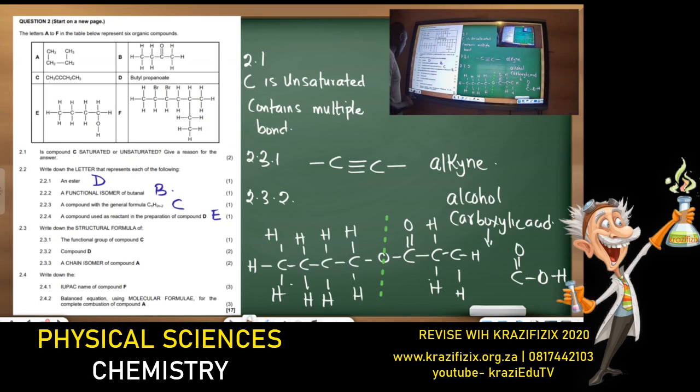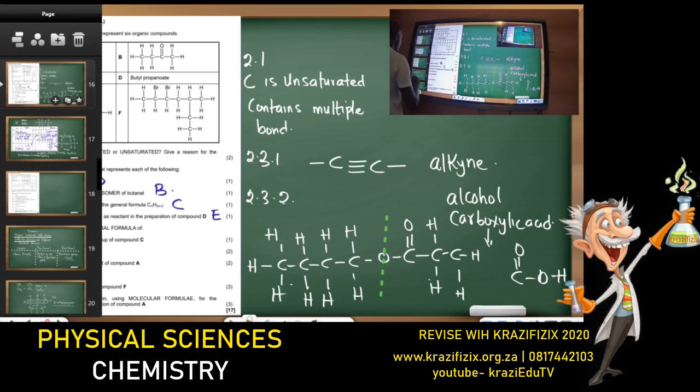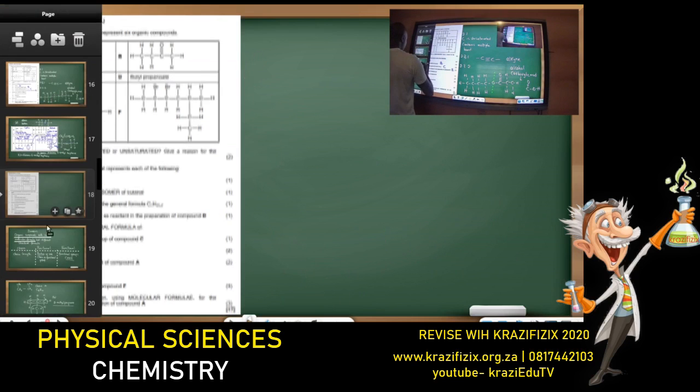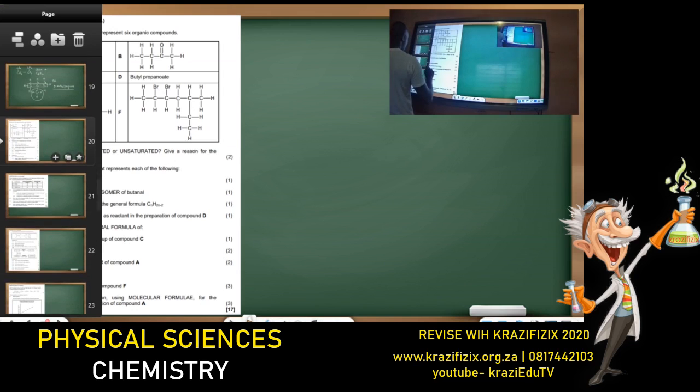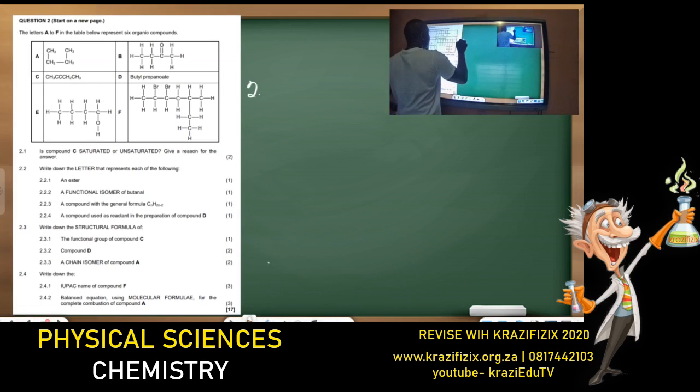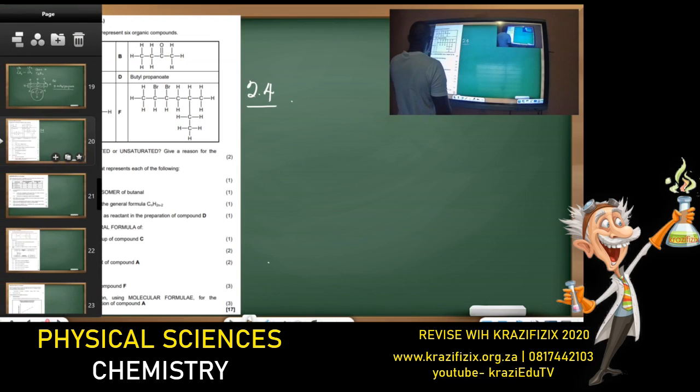Now let's look at 2.4. I'm going to a different page to get 2.4 sorted, and rearrange this so that when you get the PDF, it's all in order. 2.4: Write down the IUPAC name of compound F. I think we did already. We did answer that question.